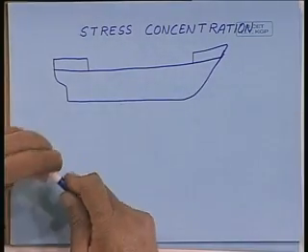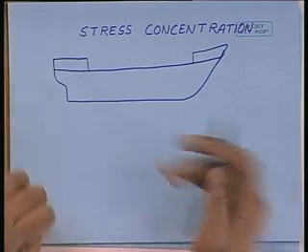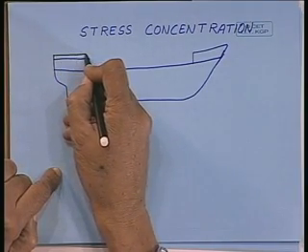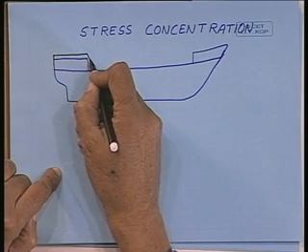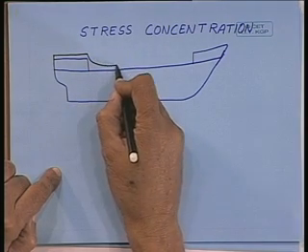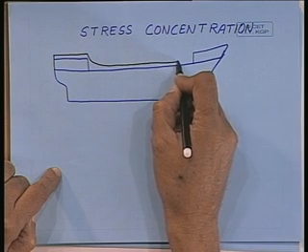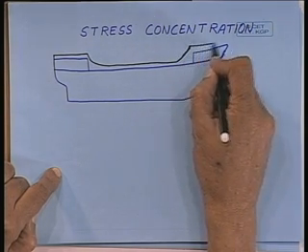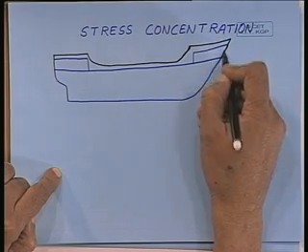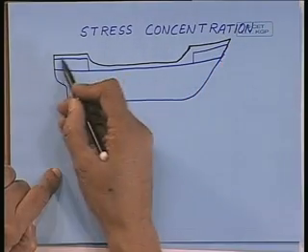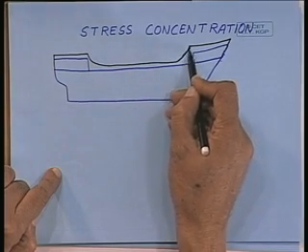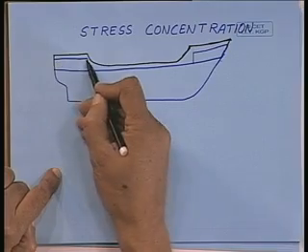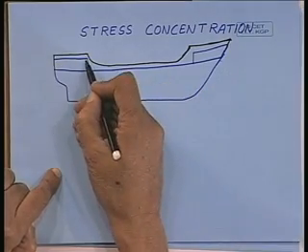If you see it from outside, we have a bulwark that goes like this. So this plating goes like this, and actually the deck is something like this. So, there is a discontinuity here.